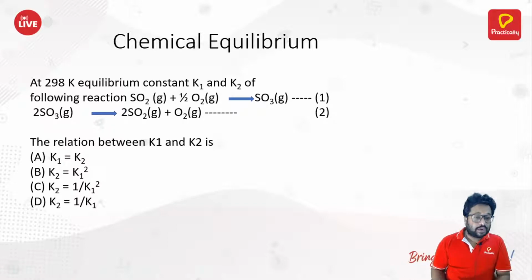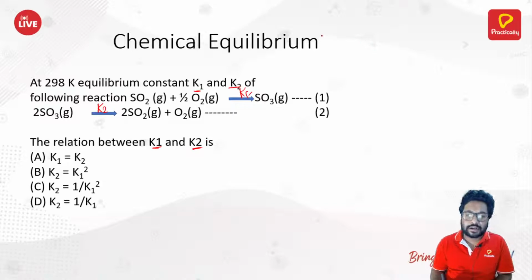Next, at 298 Kelvin, the equilibrium constants K1 and K2 of the following reactions. That means for reaction number 1, this is your K1. For reaction number 2, this is your K2. What is the relationship between K1 and K2? Let's write the K1 for the first reaction first.